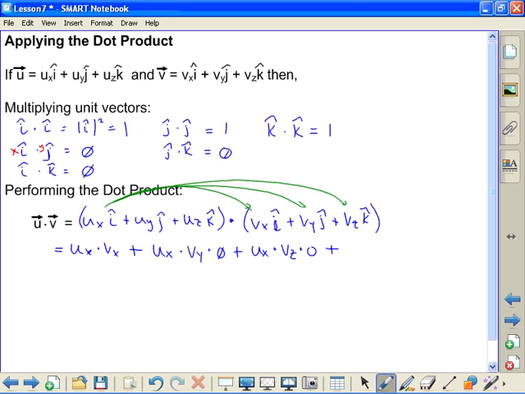All right, now moving on to the uy term, and we distribute it in. So we have really a trinomial multiplied by a trinomial. The next one, we'll get uy multiplied by vx multiplied by 0, because j dot i is 0. uy multiplied by vy multiplied by j dot j would be 1, plus uy times vz times 0, because j dot k would be 0.